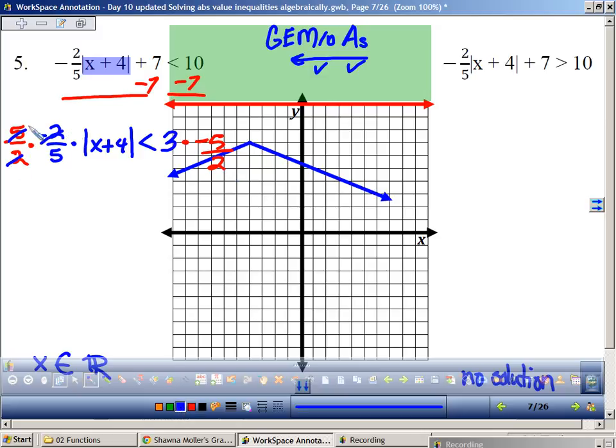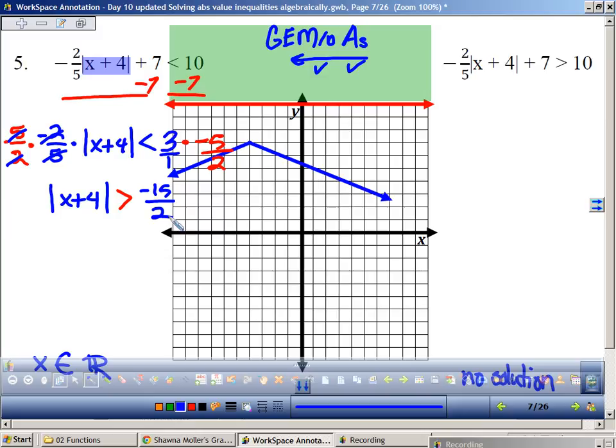These are going to cancel. This one's over 1. So I'm left with the absolute value of x plus 4. I divided by a negative, so I better make sure I switch that sign. And I'm going to have negative 15 halves.